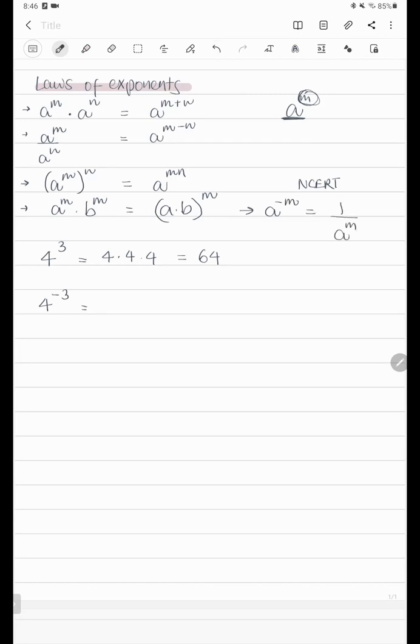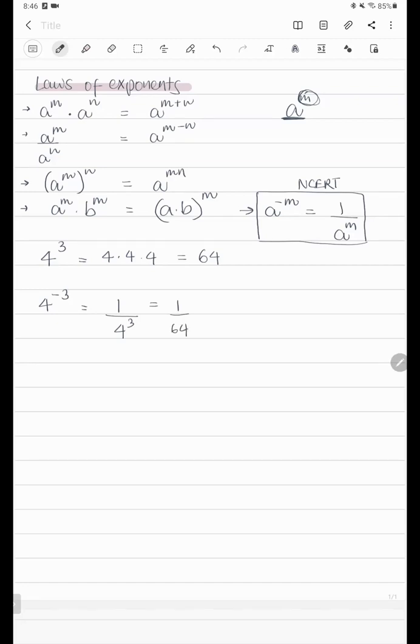Have you guys studied this before? Yes. So 4 to the power minus 3 will be 1 by 4 to the power 3, right? Everyone agreed? So this will be 1 by 64.